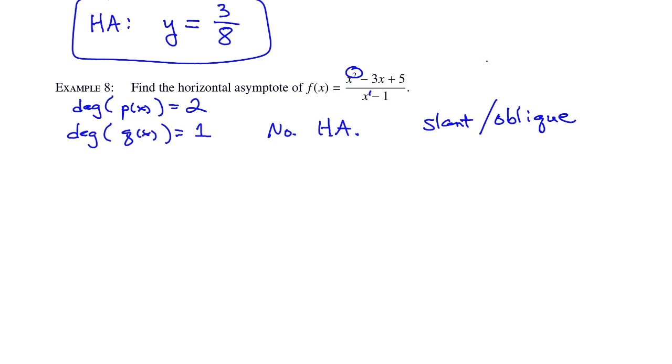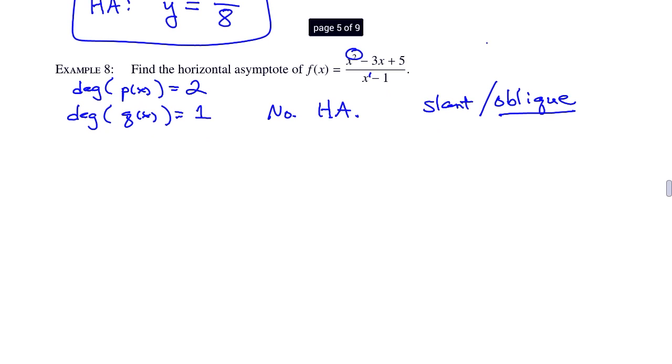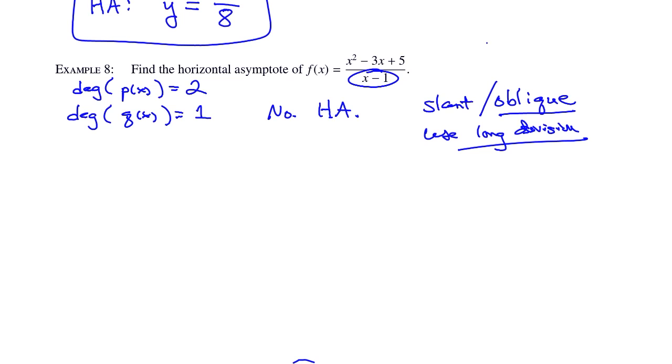So oblique means slanted. Now, how do you find the slanted asymptote? Use long division. So we'll do that now. Or you can use synthetic division. This one, we can use synthetic division because the denominator is in the form of x minus 1.